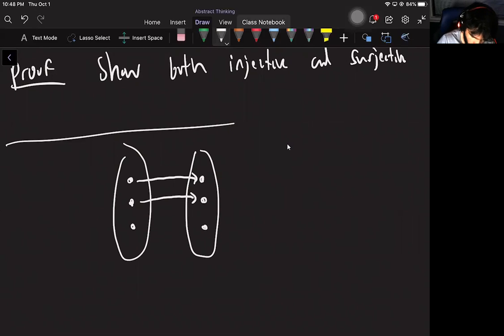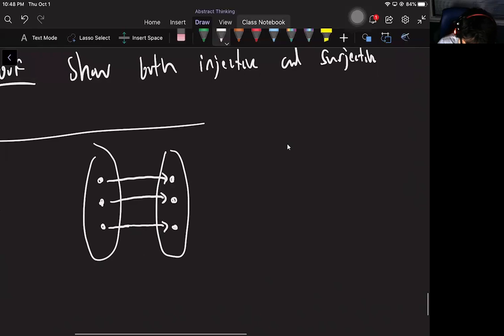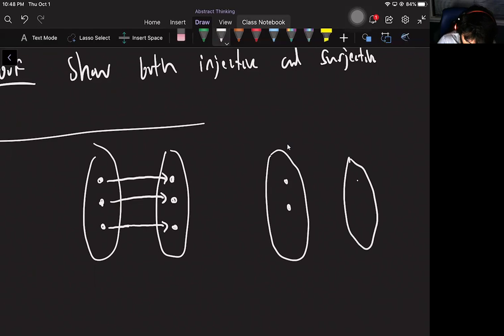But then, by virtue of it being a function, there has to be arrows out of every single element. And then by virtue of being surjective, everything has to be hit. So this is a bijective function. But in fact, every bijective function is going to basically look the same, just with different things.